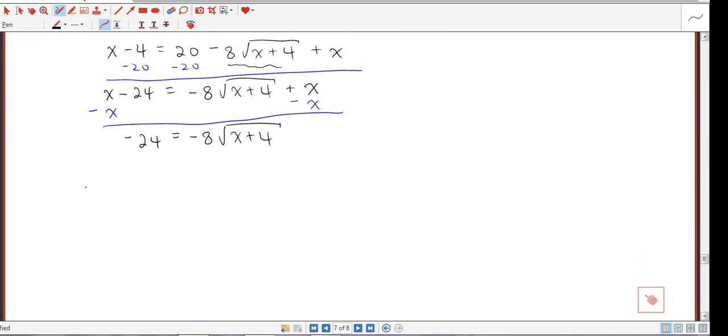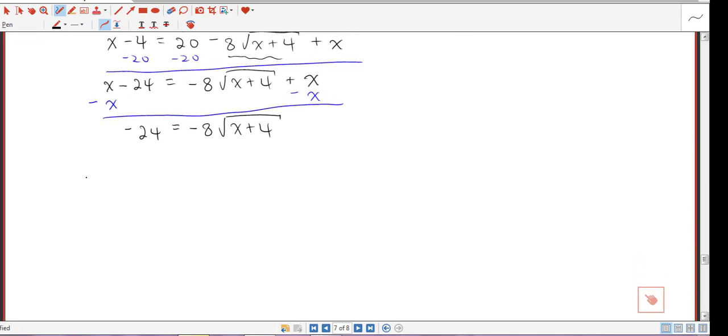So we're almost home. The hard part is done. Now let's look at this a little bit. Do you notice that 8 is going to go into 24 nicely, because 8 times 3 is 24? You don't have to do this if you don't want to, but it will make your life a lot simpler. I'm going to divide both sides by negative 8. Do you see why I'm doing that?